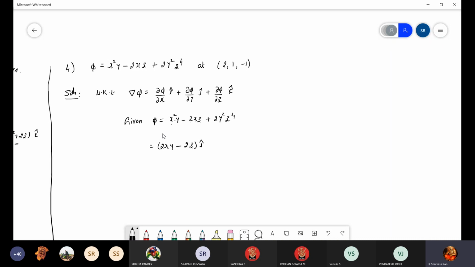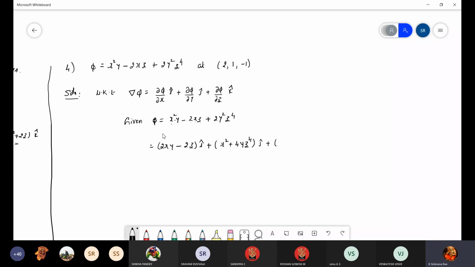The same way differentiate with respect to y. You will get x square from the first term, second term 0 because no y, in the third term y square differentiation is 2y, 2 twos are 4, plus 4y z power 4, is it right? Into j cap.